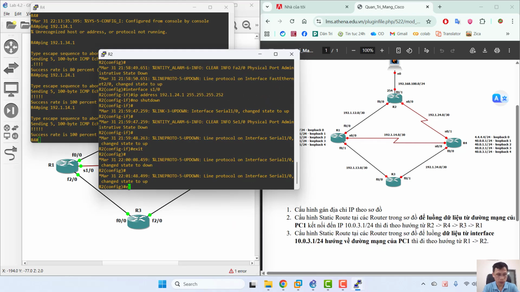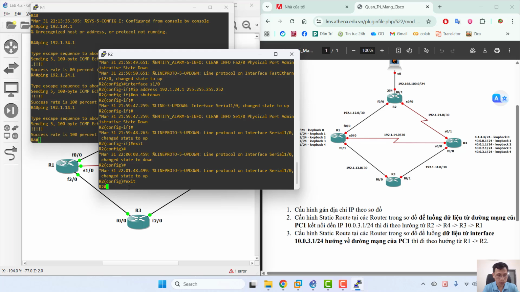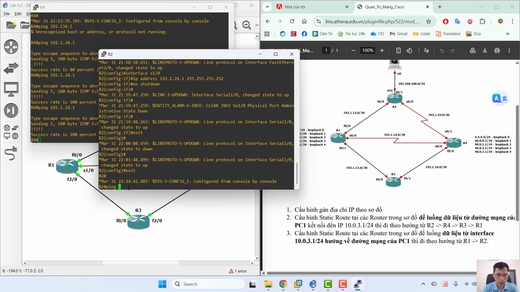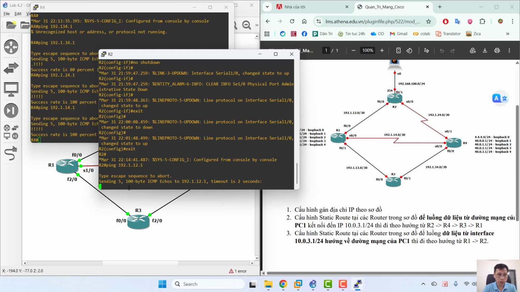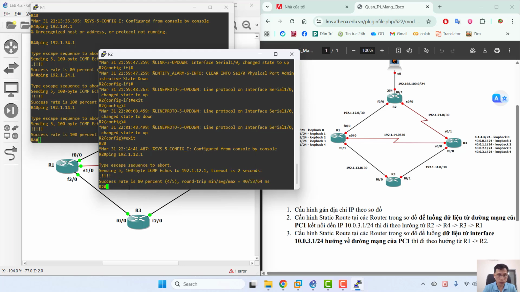Router access. Ping, yeah, from 1.2.1.12.1. Okay, good.